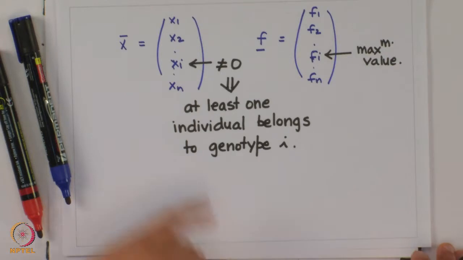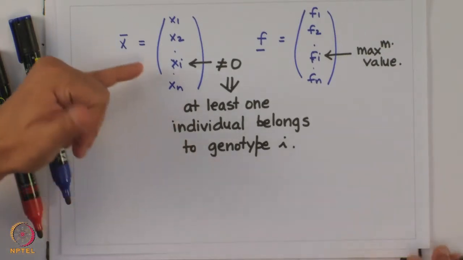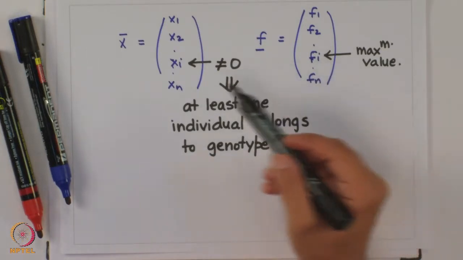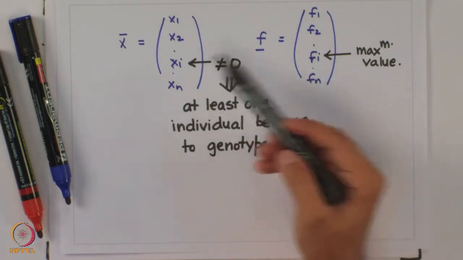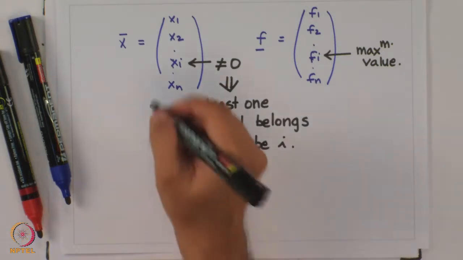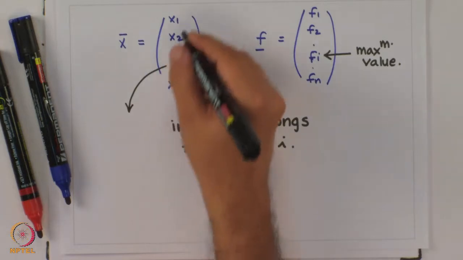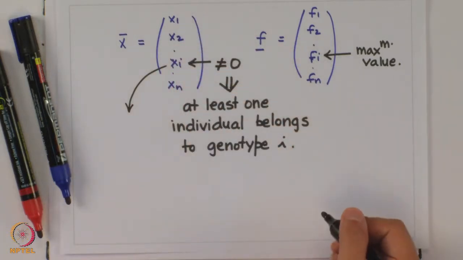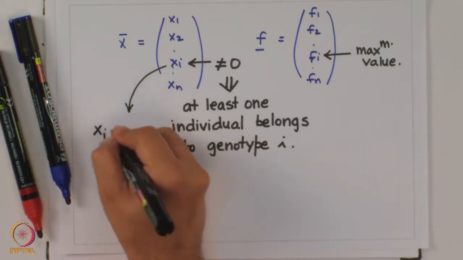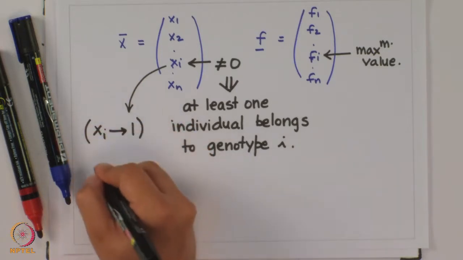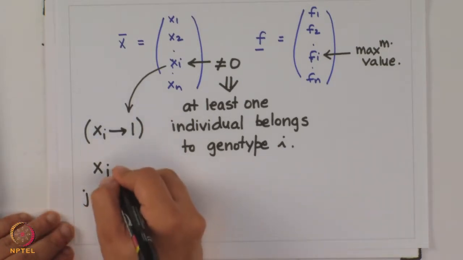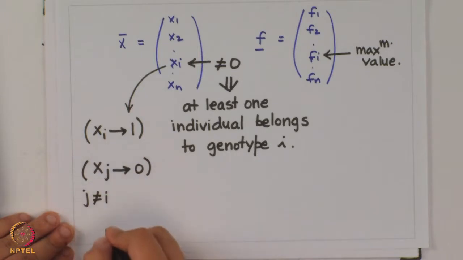Then in that case, this one or more individuals which belong to the ith genotype, which has the maximum fitness rate, are going to grow faster than every other genotype that exists in the population, and eventually selection will ensure that this genotype outcompetes all other genotypes in the environment, and eventually xi approaches 1 and all xj's where j is not equal to i approach 0 as time moves forward.